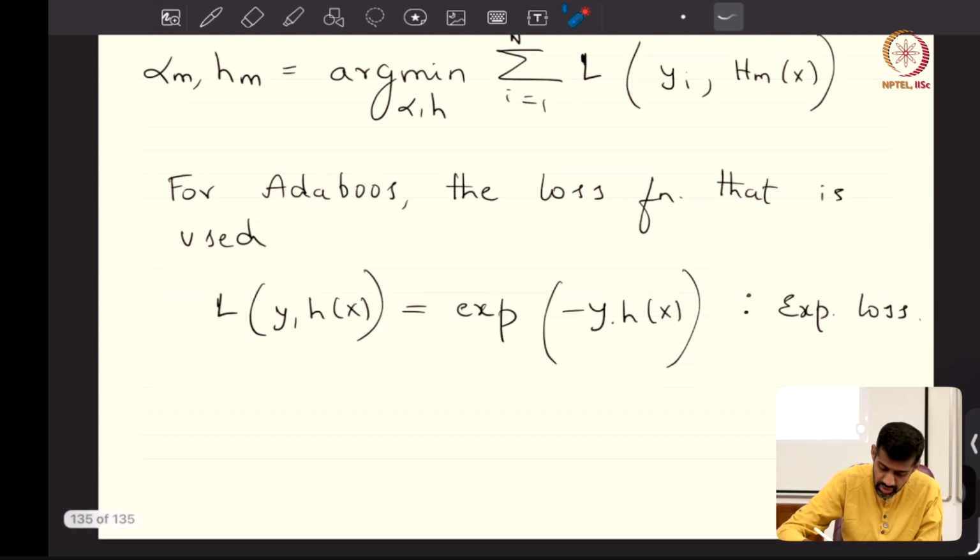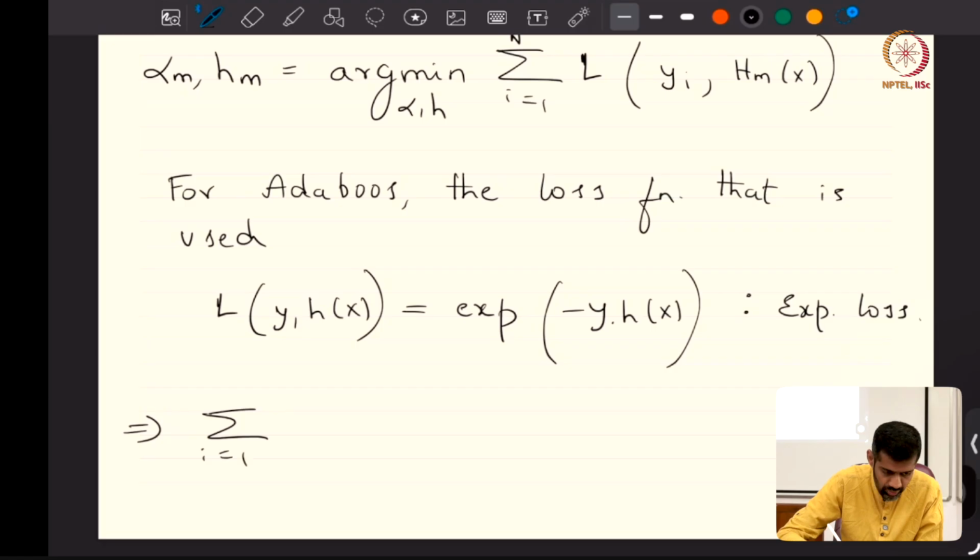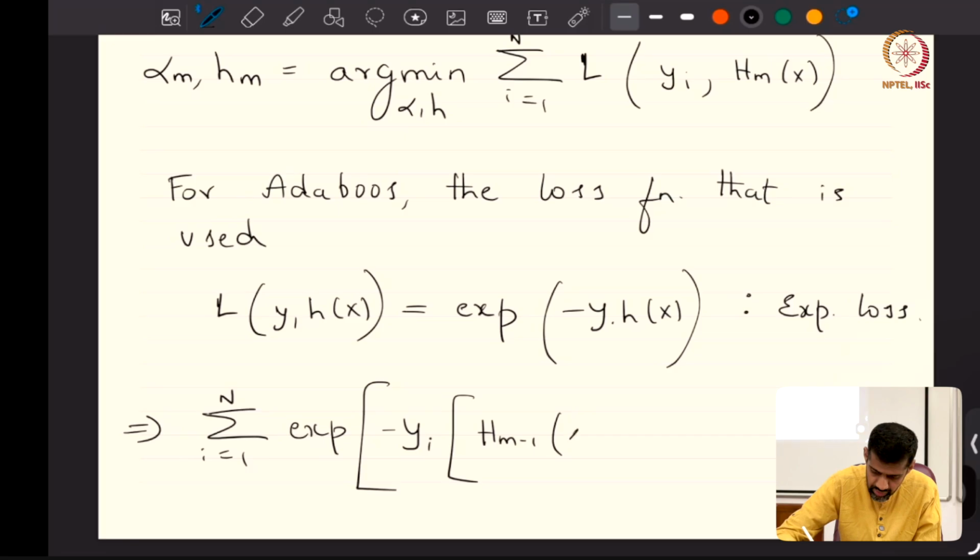Now, this implies that the objective that we would want to optimize now will be e power yi into, okay, maybe I will write one more step, e power minus yi into hm minus 1 xi plus alpha h of xi.